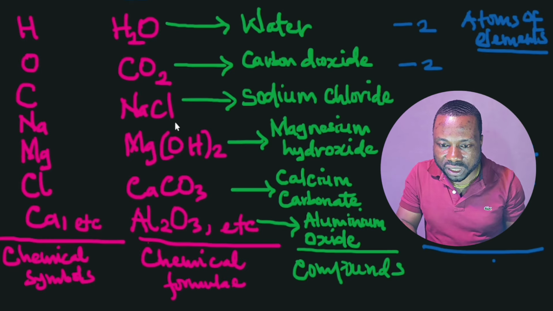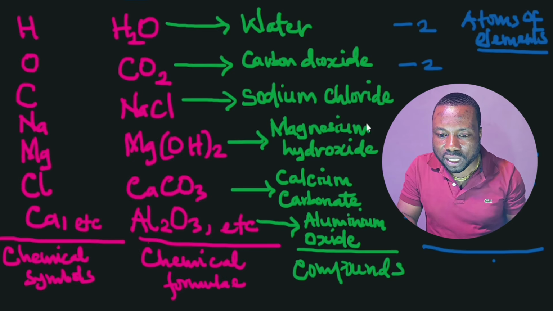Looking at what we have here, you see that a chemical formula is the short way of writing the name of a compound. Now, looking at these chemical formulae, you will see that we have also used numbers. In the first case, we have used 2. The second case, we have also used 2.